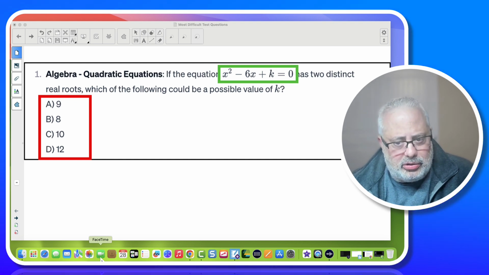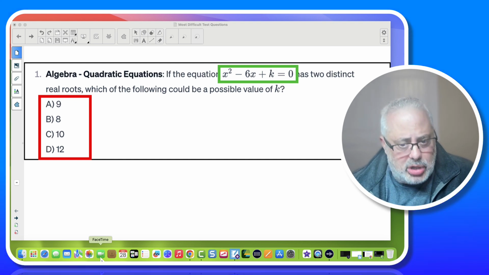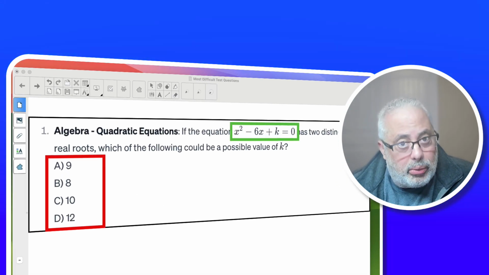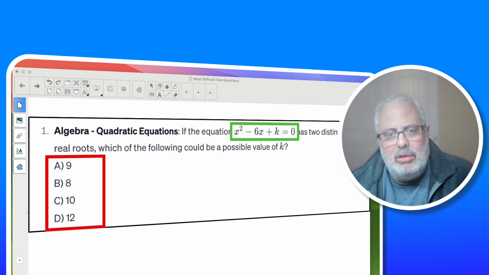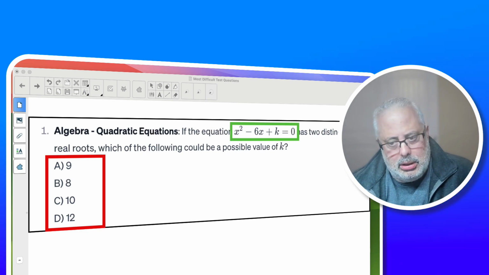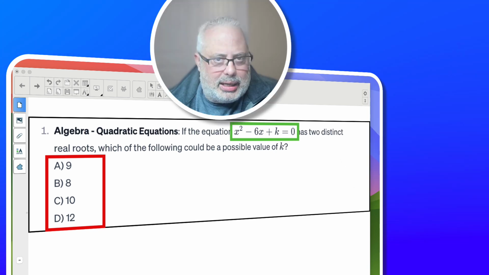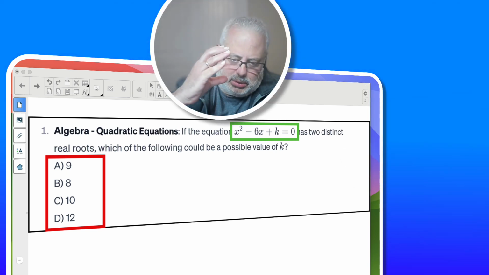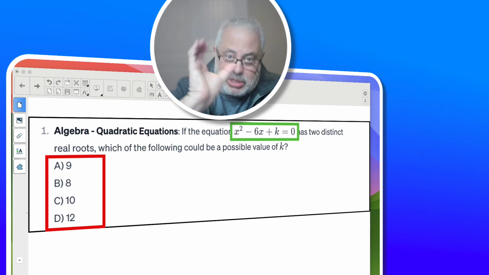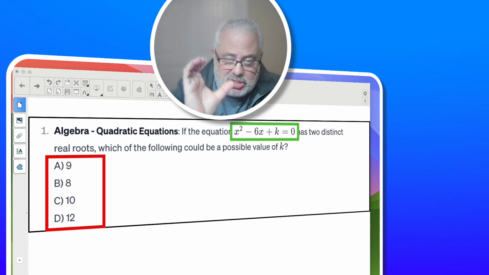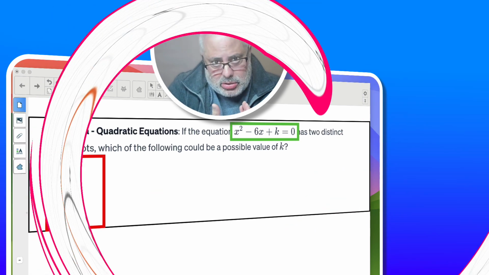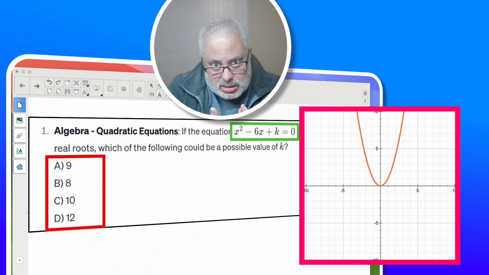x squared minus 6x plus k equals 0 is a quadratic equation that has two distinct real roots. This is fundamental in that question. Because what is a quadratic equation? It's a function, and it's a parabola. Imagine the parabola opening upward or downward in the coordinate system.